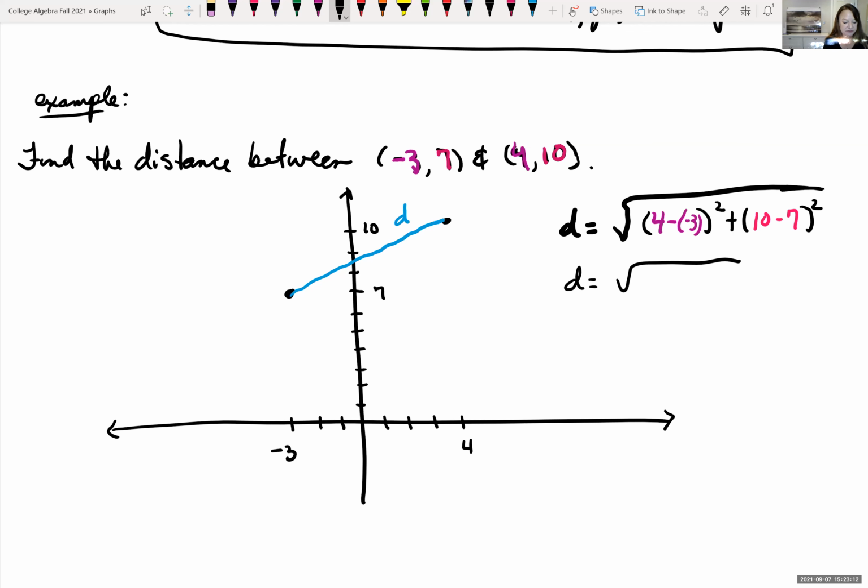Well, 4 minus -3, that's really 4 plus 3, which is 7, and 7 squared is 49. Plus 10 minus 7 is 3, and 3 squared gives us 9.